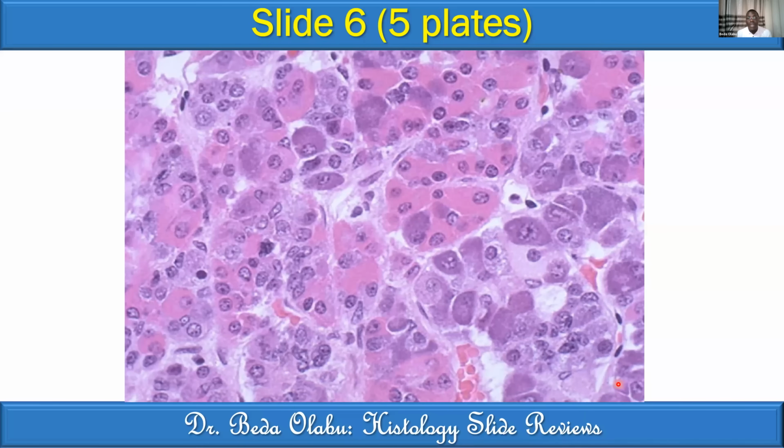Then for adenohypophysis, the cells of the adenohypophysis are either in clusters or in cords. So you may see either cluster or cord-like morphology, confirming to you that it is still an endocrine gland.